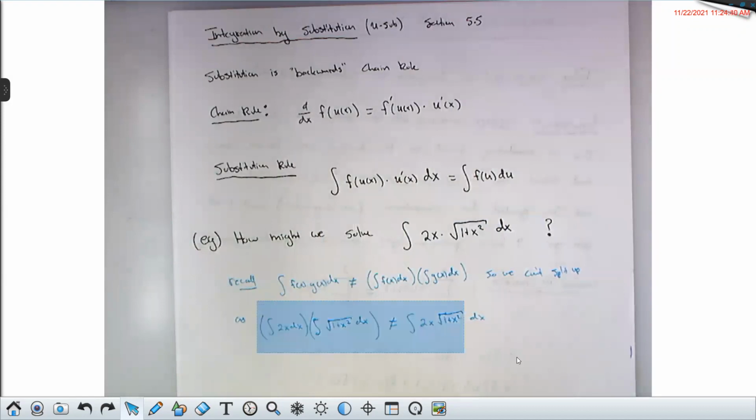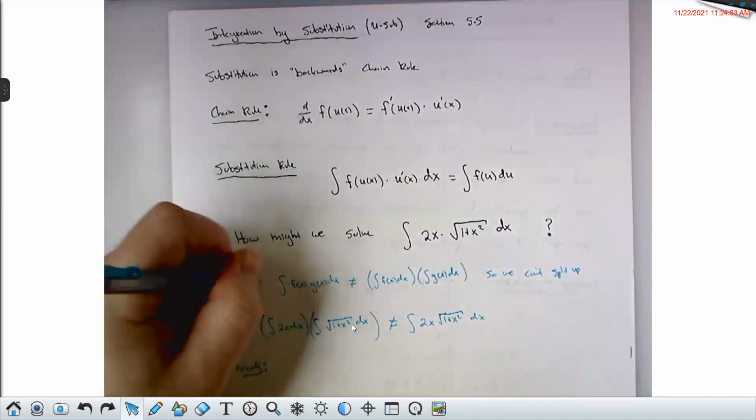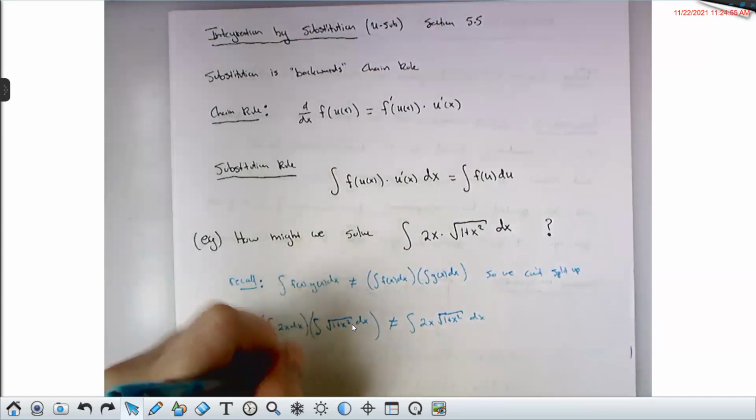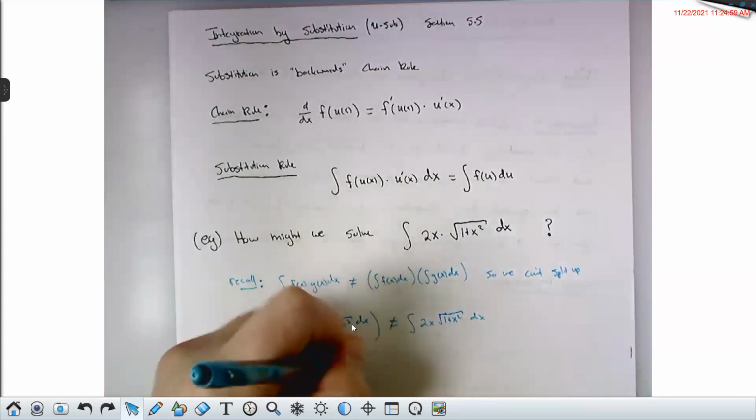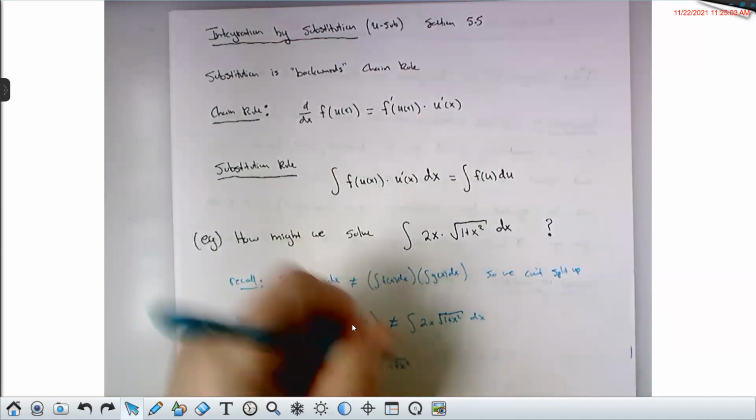But we can't do this. I cannot split this integral up as the integral of 2x times the integral of the square root of 1 plus x squared. Also, all of you made it through the skills test to get into this class, so hopefully we all remember that the square root of 1 plus x squared is not the same as the square root of 1 plus the square root of x squared.